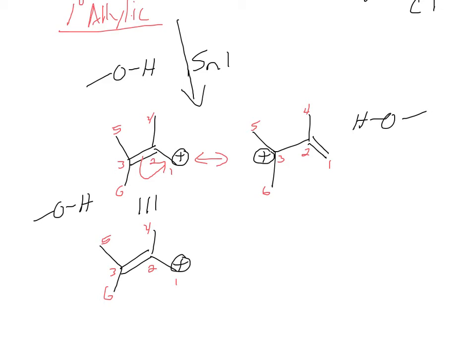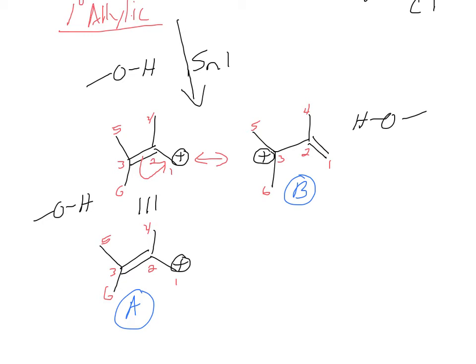More of an interesting question, maybe this is a little more advanced: if I drew these as A and B intermediates, which intermediate's more stable? B. Why B? Tertiary. Tertiary carbocation, absolutely. Or no. Nope. Zaitsev matters for the final product.